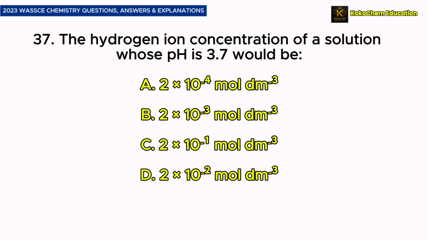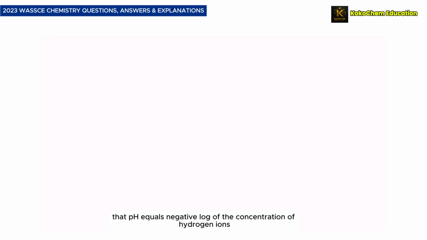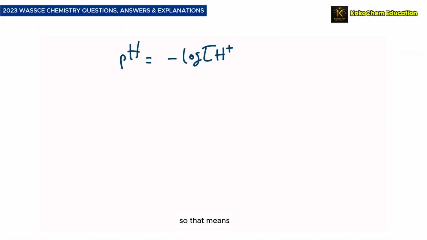The correct answer is A. 2 times 10 to the power negative 4 mole per dm cubed. Explanation. Remember the formula that pH equals negative log of the concentration of hydrogen ions.